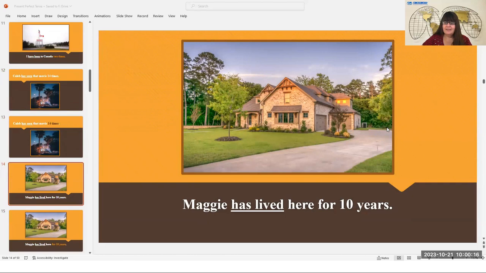Maggie has lived here for 10 years. Okay, remember we saw that for and since are words that we use in the present perfect. So it tells us how long Maggie has lived here. And we see that she has lived here for 10 years.